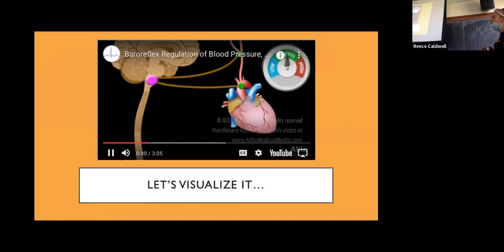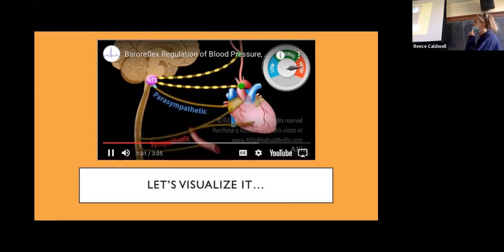Increased blood pressure stretches the wall of the aorta and carotid arteries, causing baroreceptors to fire action potentials at a higher than normal rate. These increased activities are sent via the vagus and glossopharyngeal nerves to the nucleus of the tractus solitarius, the NTS, in the brainstem.